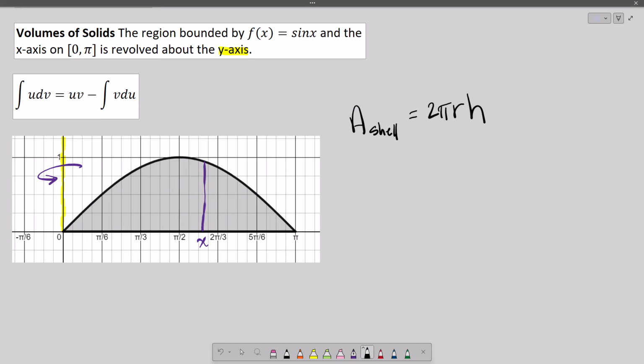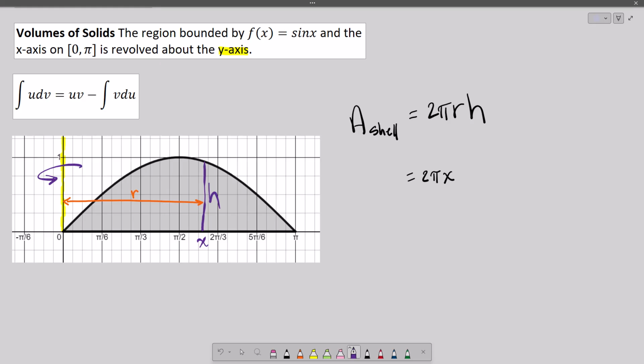When we look at our picture, the radius is the distance between your rectangle and the axis of rotation. What is that? That is x. The height of your rectangle is the function.